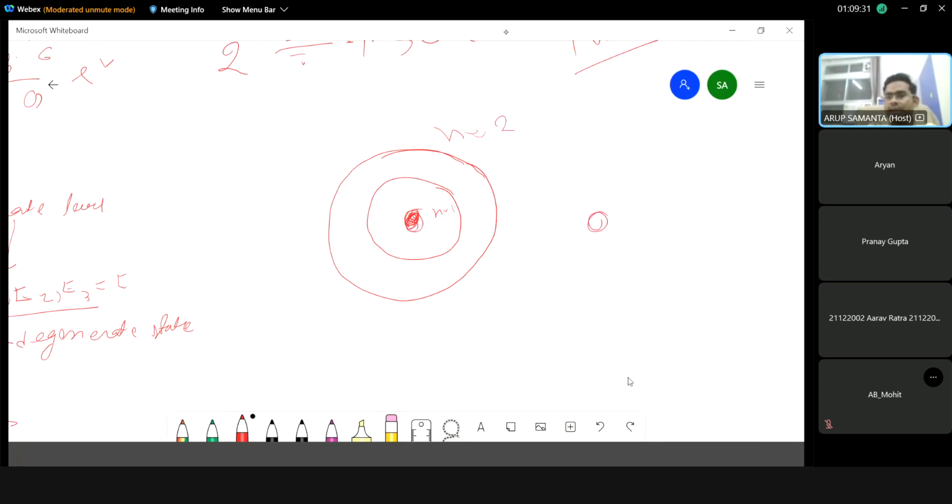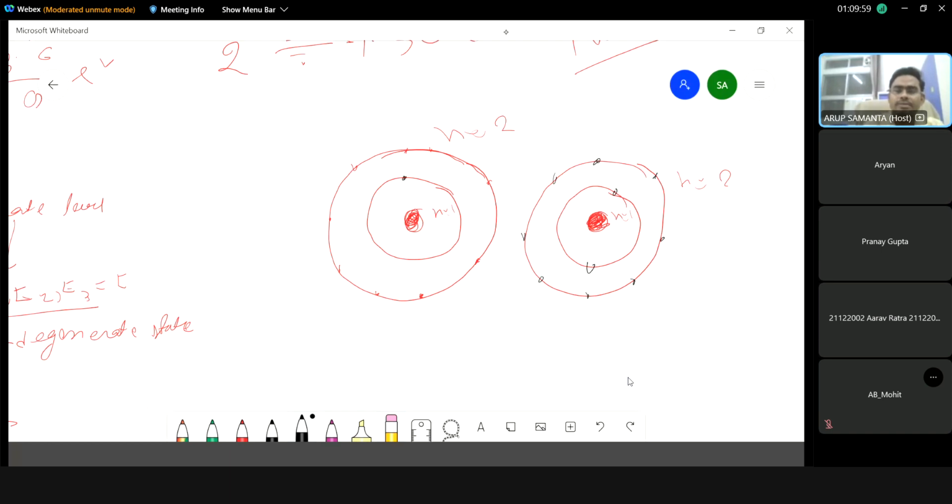Now consider another atom of the same type, with n equal to 1 and n equal to 2. How many electrons are there? 8 electrons can stay here: 1, 2, 3, 4, 5, 6, 7, 8. The same here, and 2 electrons in n equal to 1.